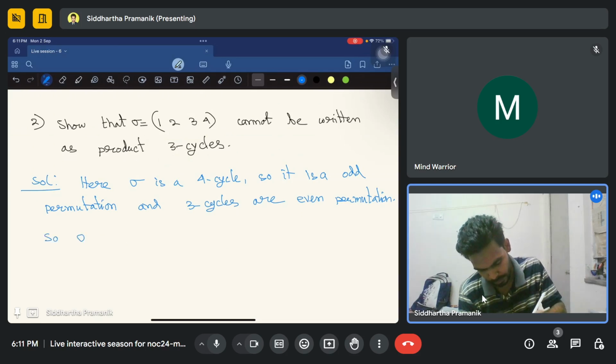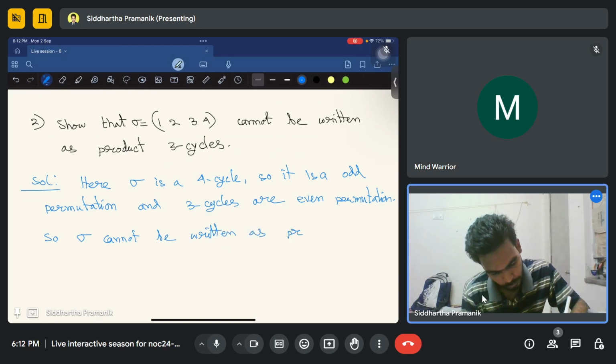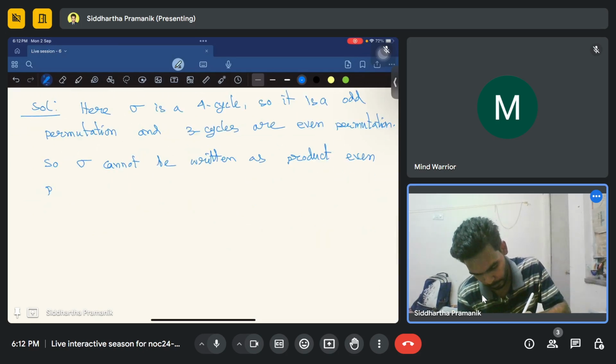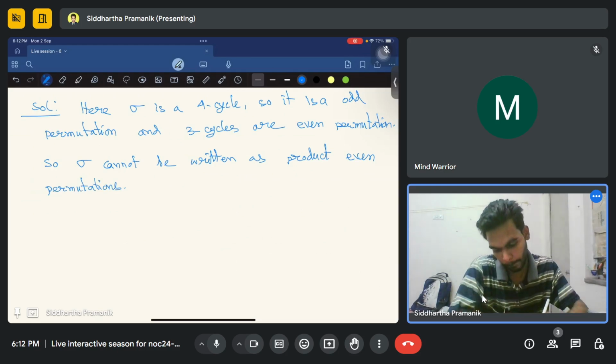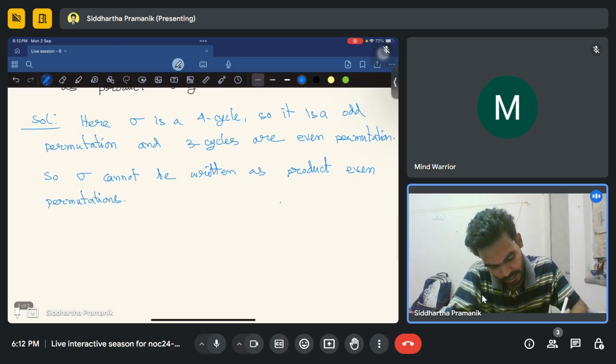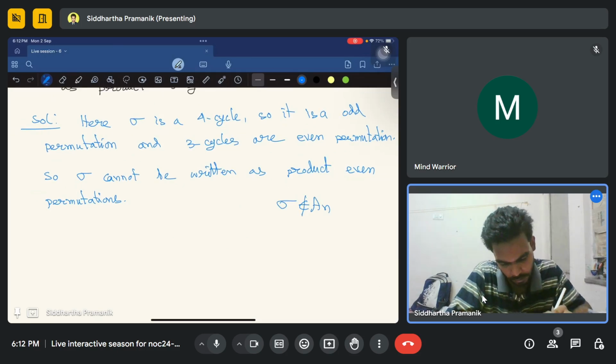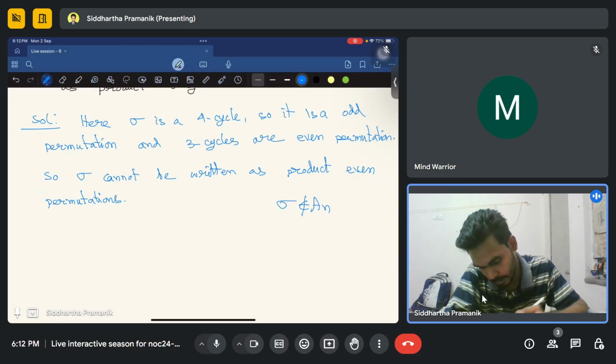So sigma cannot be written as a product of even permutations. Basically, sigma does not belong to the subgroup of even permutations, and a product of 3 cycles belongs to An. So that is also a reason.